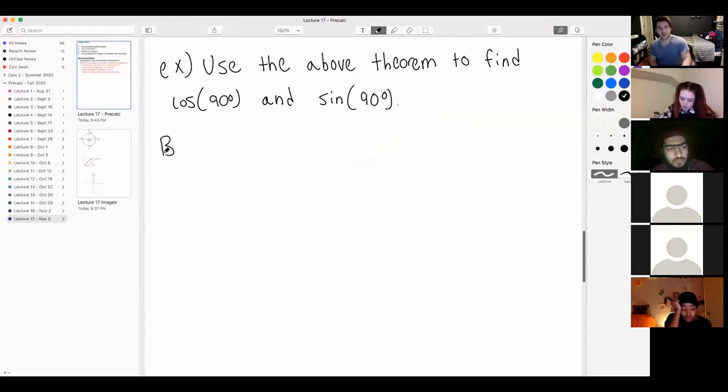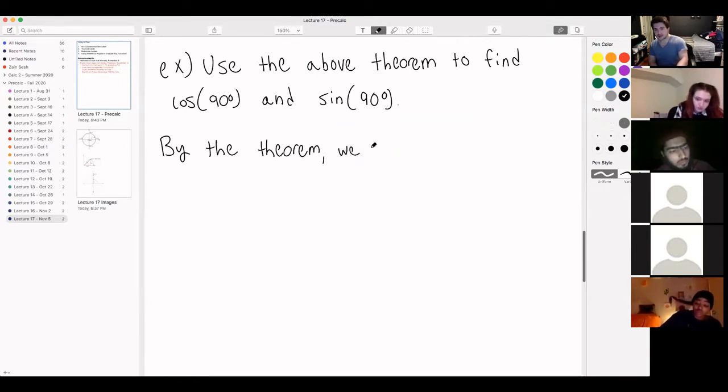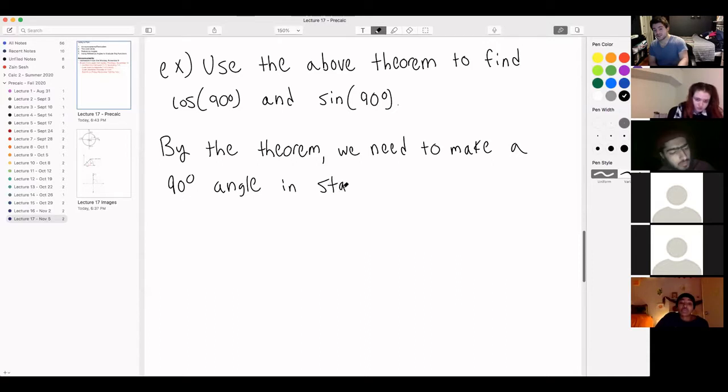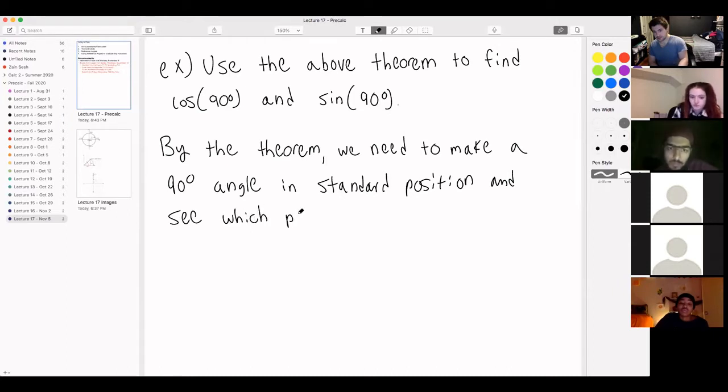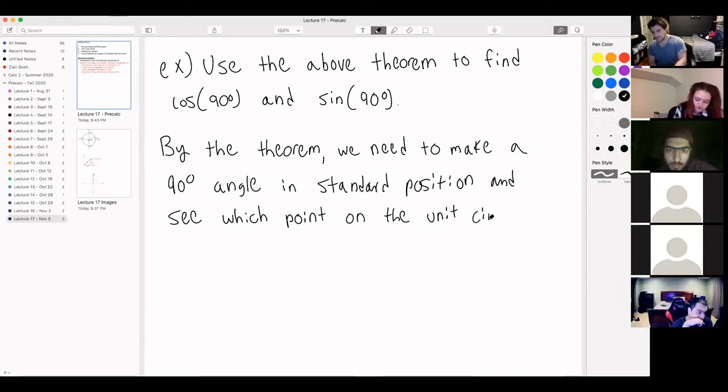So by the theorem, we need to make a 90-degree angle in standard position and see which point on the unit circle that is.